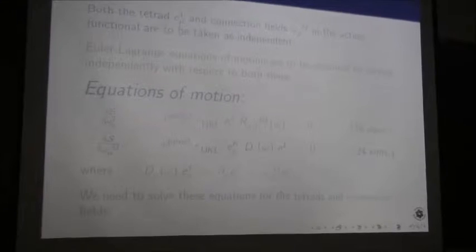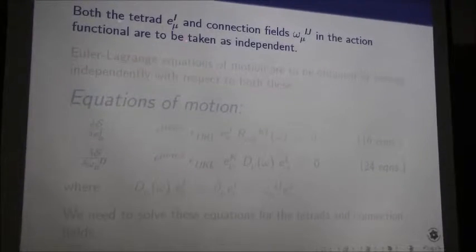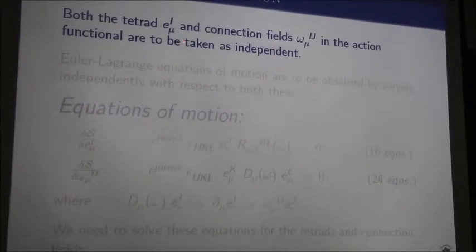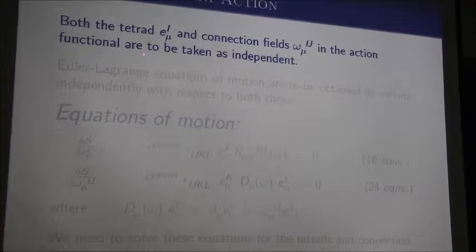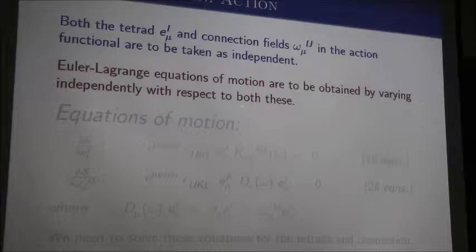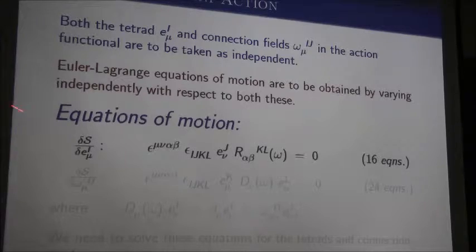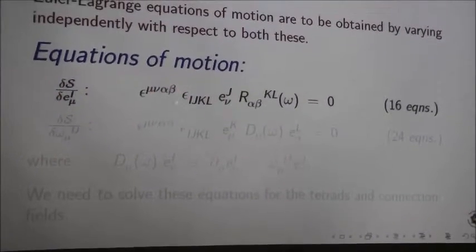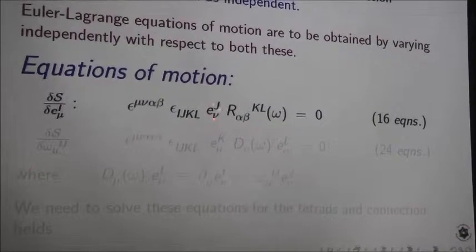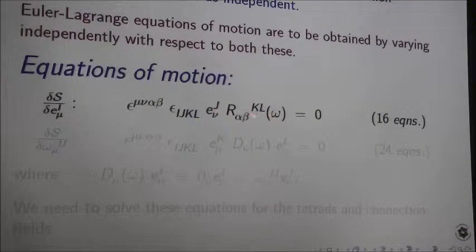Like I said, both the tetrad field e mu i and the connection field omega mu ij in the action are to be taken independently. So to study the equations of motion, we must vary with respect to these fields independently. When you vary with respect to the tetrad, the equation of motion is epsilon mu nu alpha beta epsilon ijkl, tetrad e nu j, R alpha beta kl, and these are 16 equations.